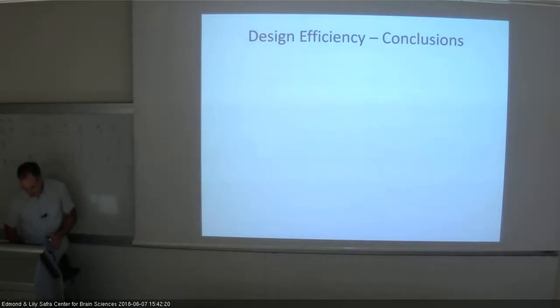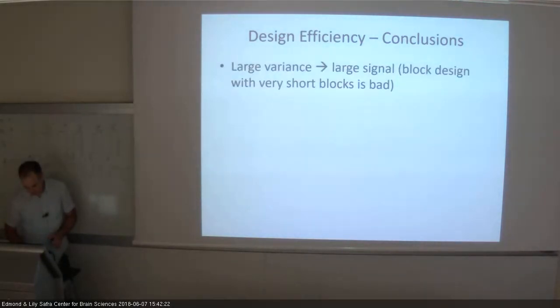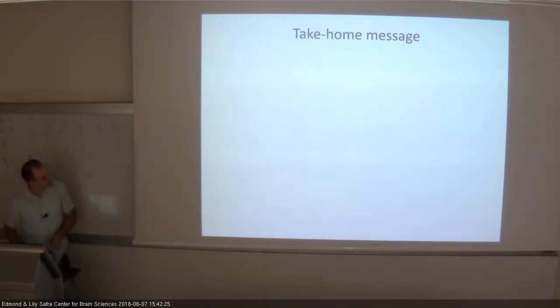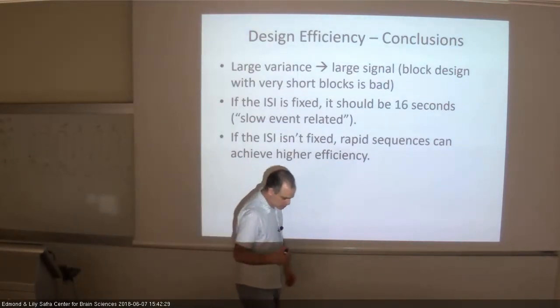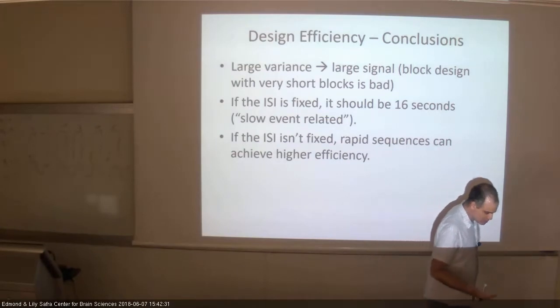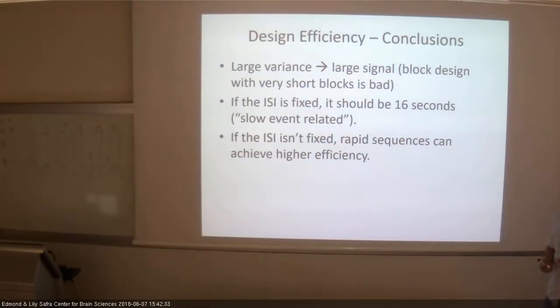All right, so let's sum this up. When we get to the next thing, we'll be talking about analysis. We always have to remember that we want to make our design in a way that will match the analysis we want to do, and the analysis we want to do is based on the research question, basically.